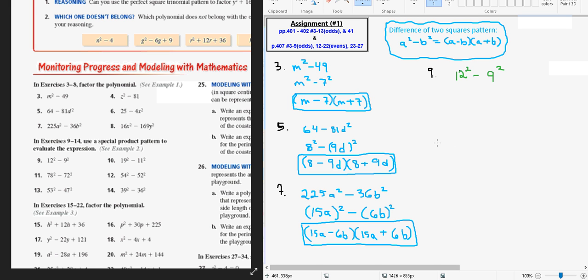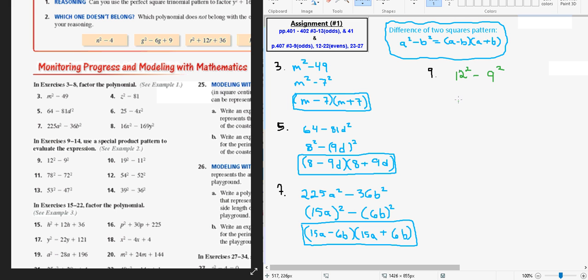I know some of you just used your calculator and did 144 minus 81. But this one says we have to use a special product pattern. And when you get really good at this pattern, this becomes easier than thinking of those numbers squared and then finding the difference of those big numbers.